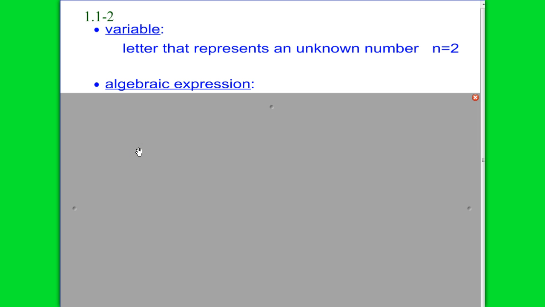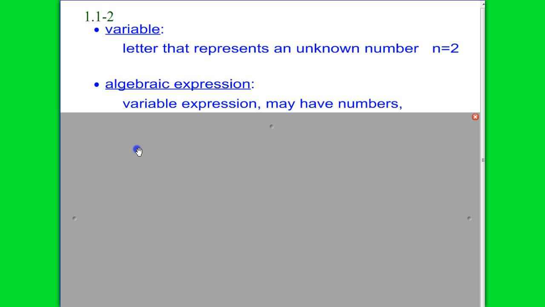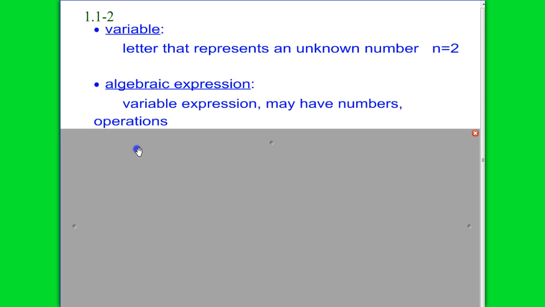And when we use variables, we're actually using algebraic expressions, right? So an algebraic expression is a variable expression. It may have numbers, although it may just have variables. X plus y. There's an algebraic expression. Or I could say x plus 2.